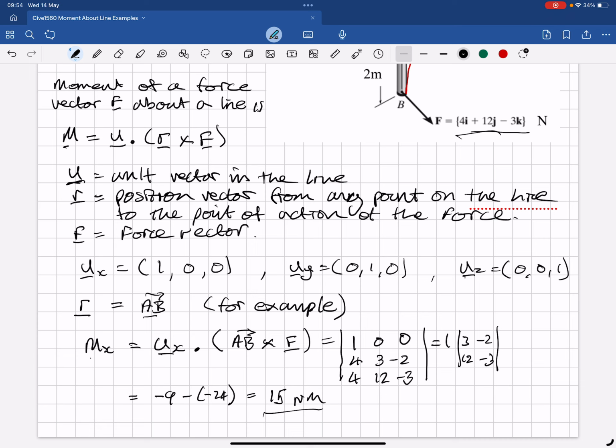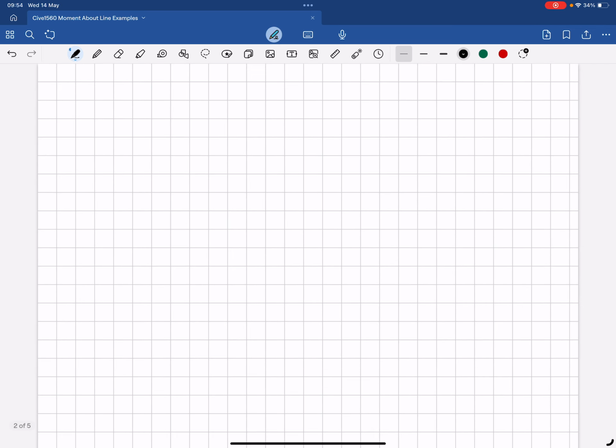Okay, so that's the moment of the force about the x-axis. It's not a vector, it's a scalar.